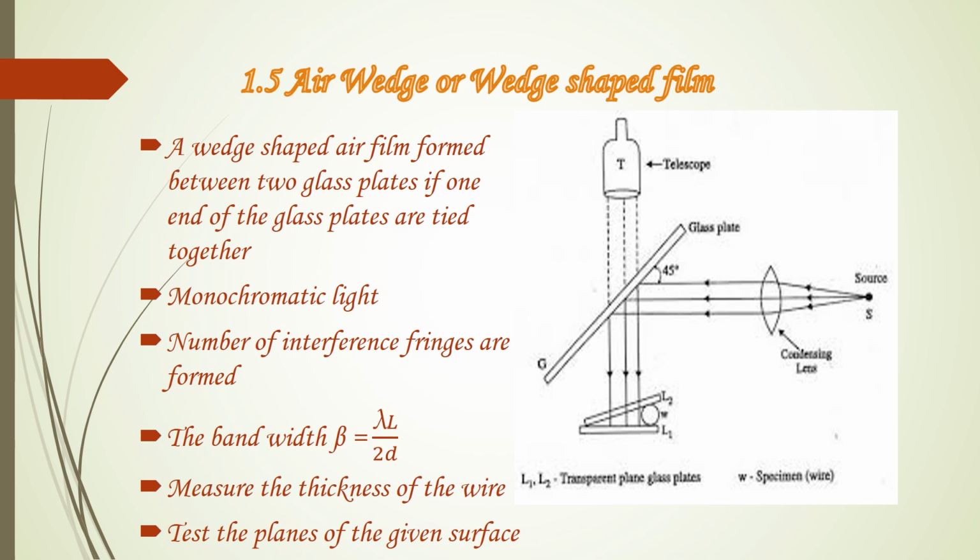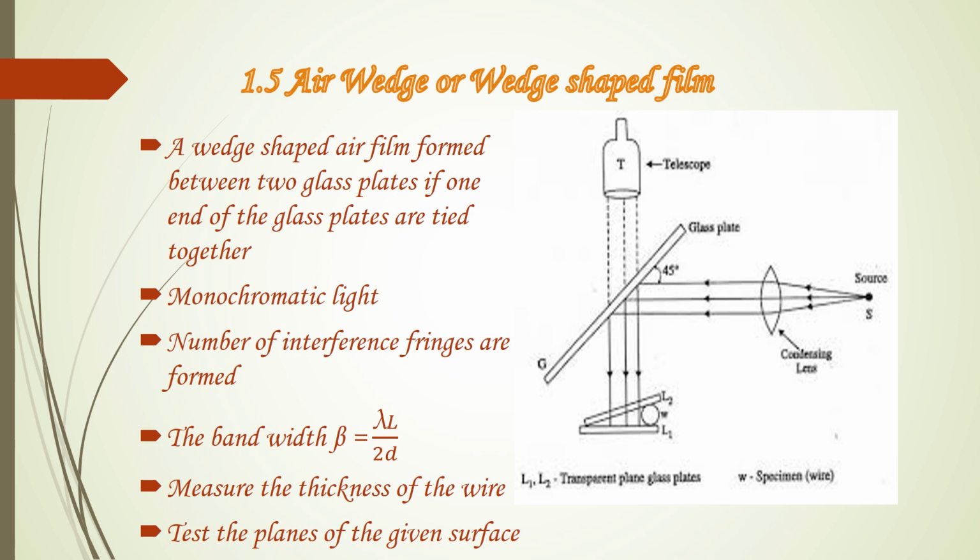If we focus monochromatic light at an angle of 45 degrees to these glass plates, then through the telescope we get a number of alternate dark and bright fringes. These fringes are called interference fringes.